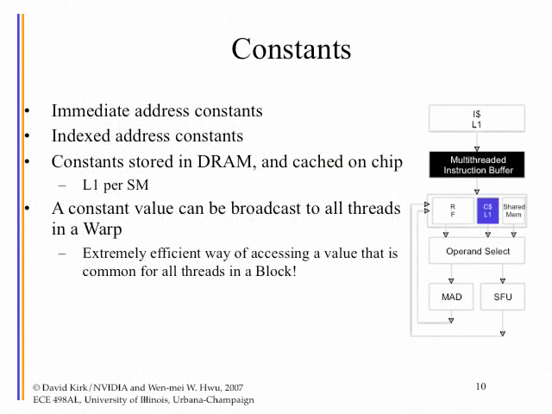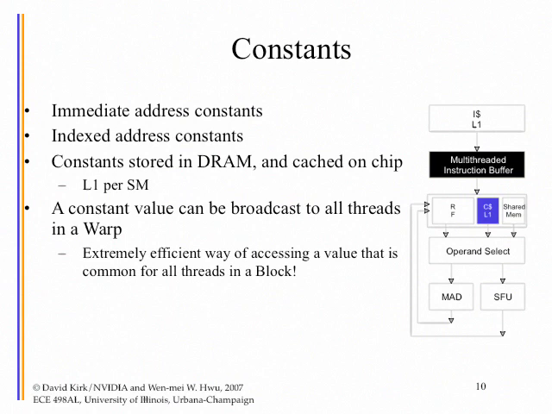So now let's go into constants. Okay. So if you declare a variable in constant memory, this variable, this constant, will appear in the same way to all the threads in your kernel. Okay? So all the threads will be using that same constant.